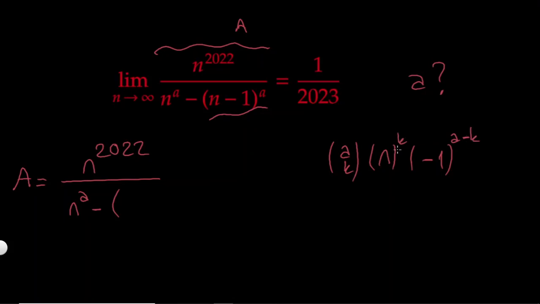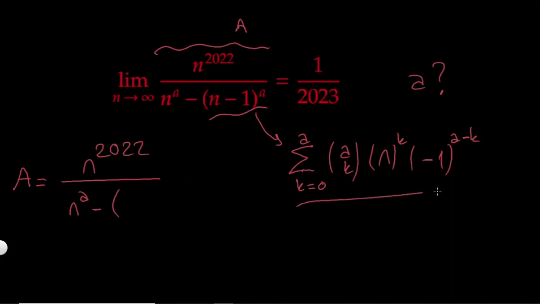Here the order doesn't matter. This is literally equal to this if k goes from 0 to a. I'm assuming a should be an integer because I'm just adding over the integers. So in the end, if I find that a is not an integer, we made a mistake.